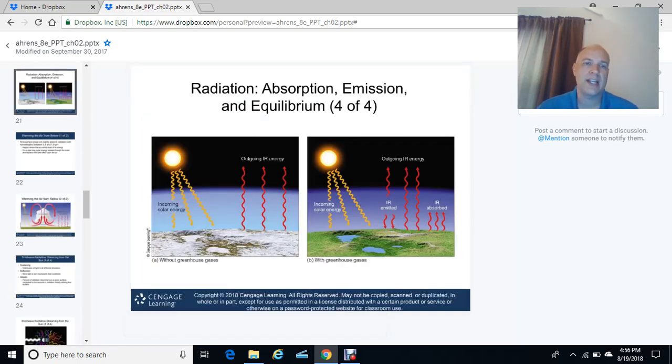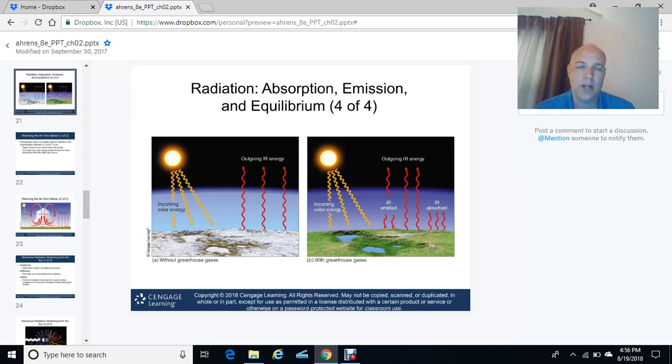All right, so again, what is overall the radiation equilibrium? Incoming energy, you can see by the yellow lines here from the sun, incoming solar energy is equal and opposite to the outgoing IR energy released from Earth. Now on the left here, I'm showing you without greenhouse gases, and on the right diagram, this is with greenhouse gases. So without greenhouse gases, all the long-wave radiation from the Earth readily escapes back out into space.